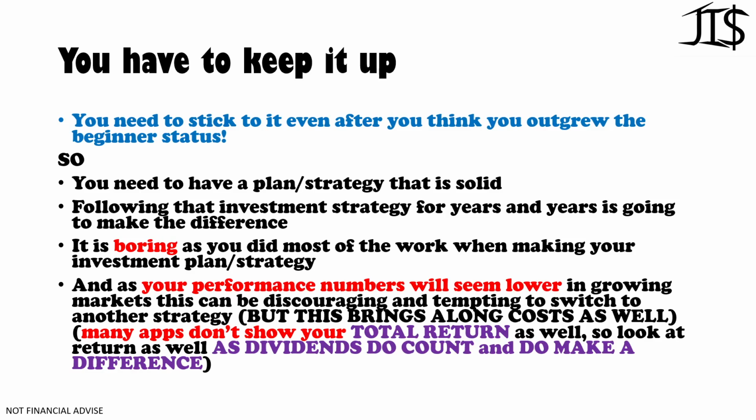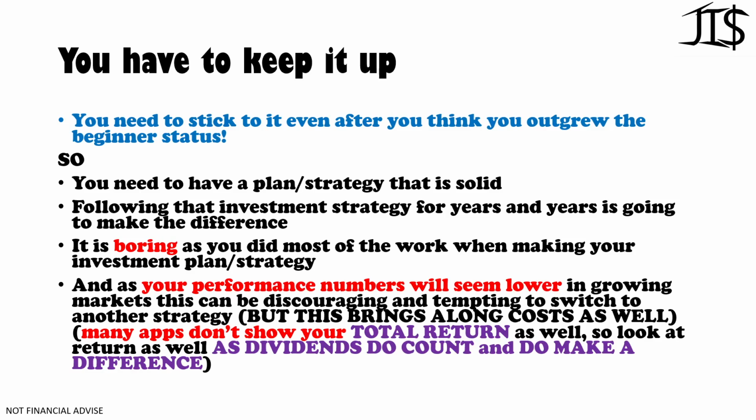So that's the biggest problem that I have with GetQuin, that they only show the performance of your stocks and your ETFs as you buy them, and then you have the price of now, and they look at the difference. But all the dividends that are being paid out, they don't take that into account. And I really hate that.